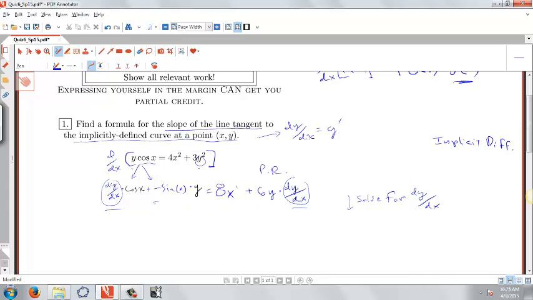So I'm going to add this: plus sine of x times y, and then I'm going to subtract this. So without doing a lot more detail, it becomes dy dx times cosine x, and then I'm going to minus 6y times dy dx, and that's going to equal 8x plus sine y dy dx.